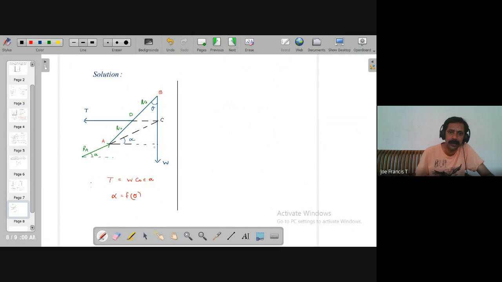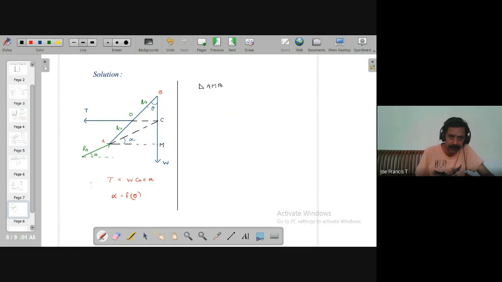Suppose this point is M. You consider a right triangle AMB. Now you take cosine of that angle theta.